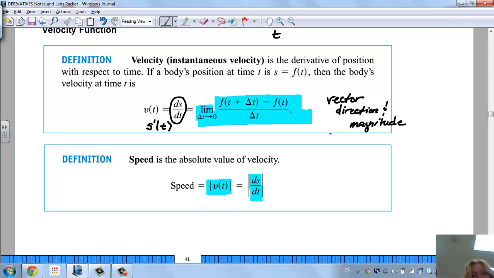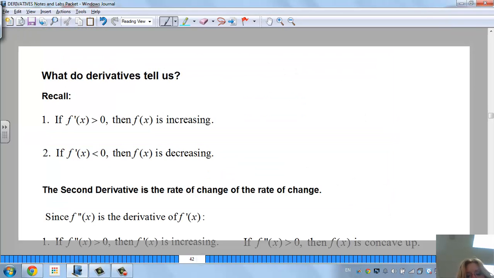It's the same value, but always the positive value of velocity. If I drive to someone's house, direction doesn't matter: one way is not negative, and the other is not positive, but you're going to want to know the speed that it took to get you there.